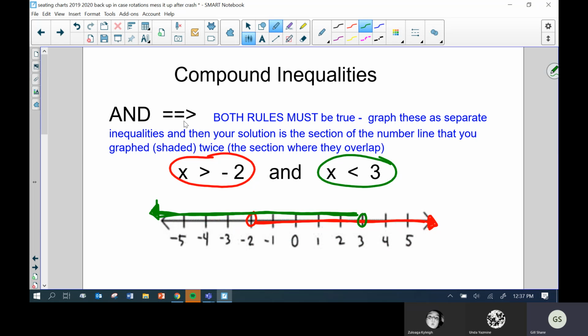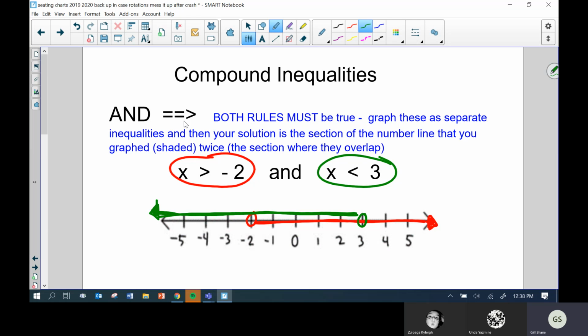You're going to do this same thing when we get to the OR statement. You treat each one as separate inequalities and you graph them both. Here's where the difference comes in, right here. If you get this, you should be pretty good on not only the exit ticket, but the rest of the lesson when we come back on Friday.